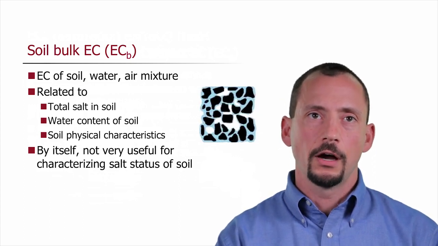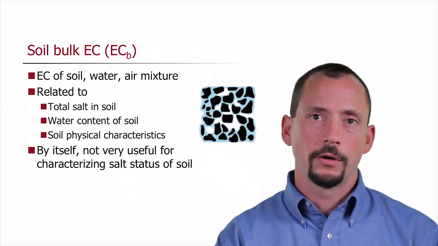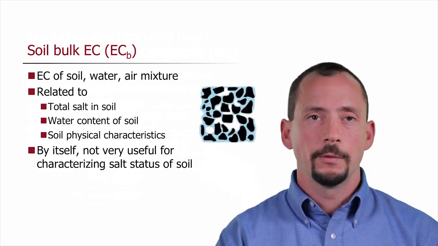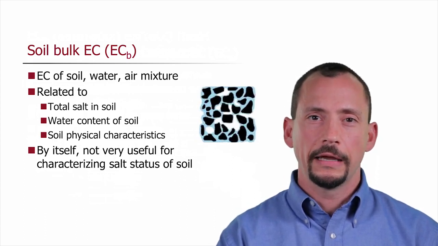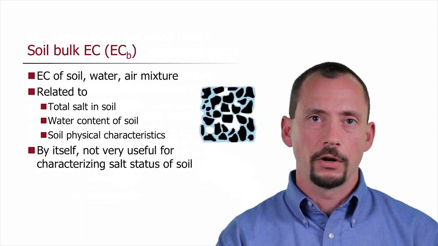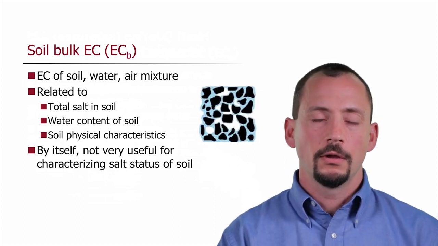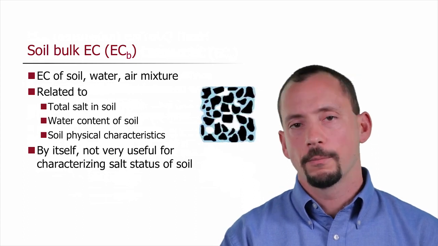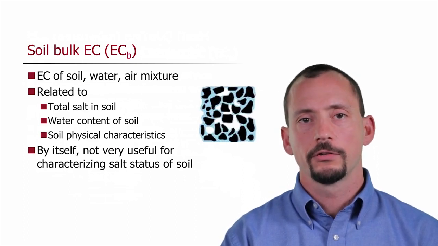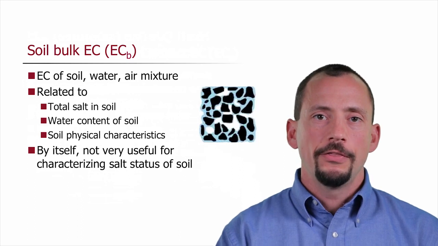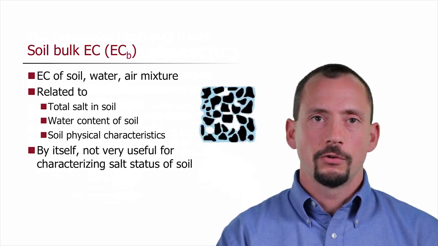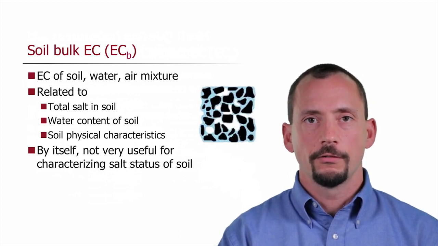It's also dependent on the water content of the soil, and it's dependent on the soil physical and, in some instances, mineralogical characteristics. So this is something that varies with three different parameters instead of just one parameter. So by itself, the bulk EC is not very useful for characterizing the salt status of a soil.